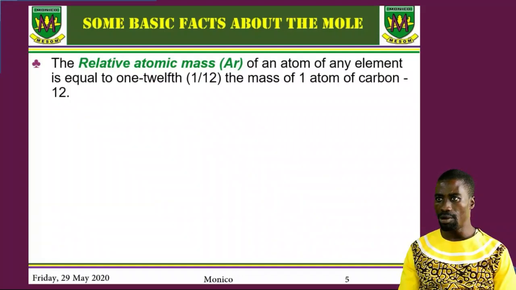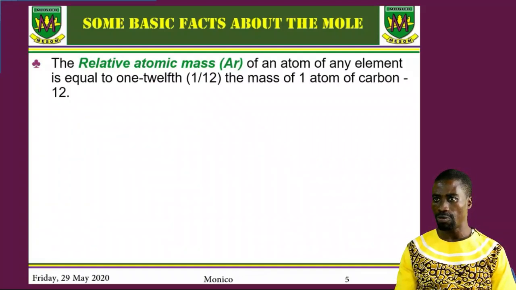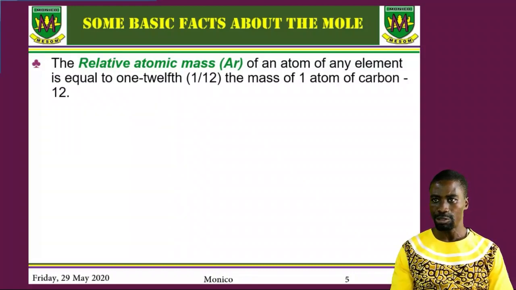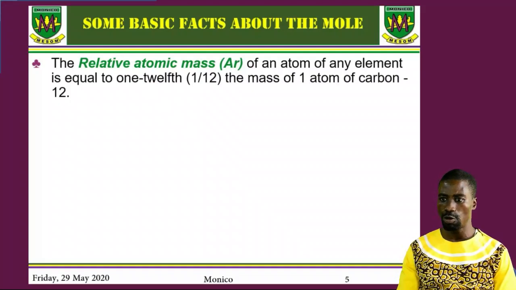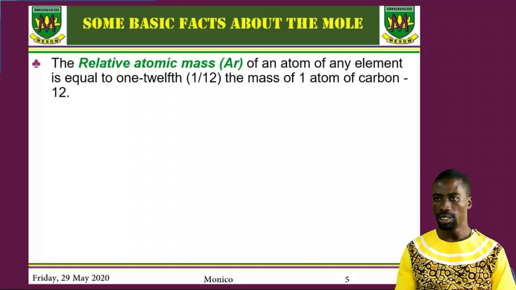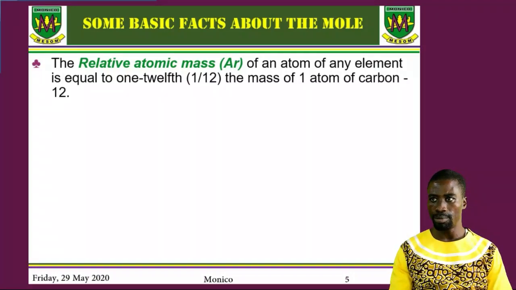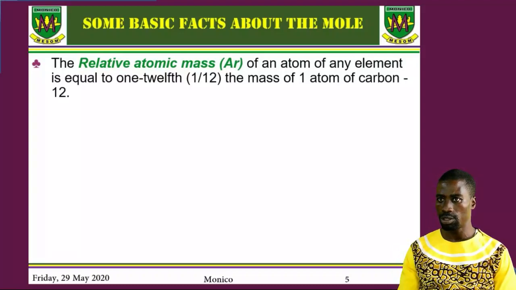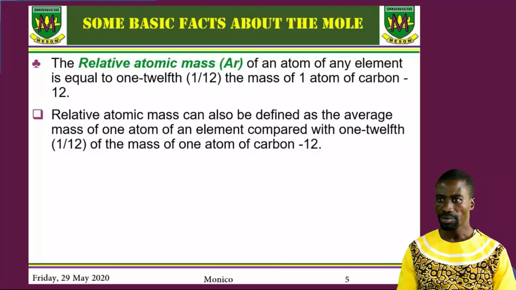So the relative atomic mass of an atom of any element is equal to 1/12 the mass of one atom of carbon-12. Here again, we are using the carbon-12 isotope as a basis for our comparison. If you say relative atomic mass of any atom, you are only comparing that atom to the mass of one atom of carbon-12, right?